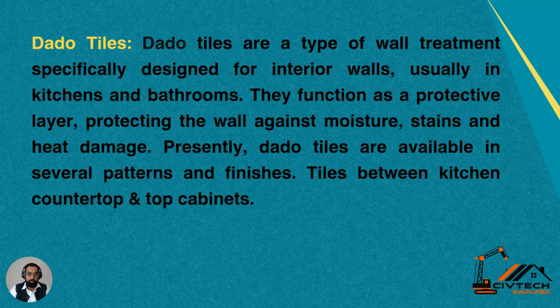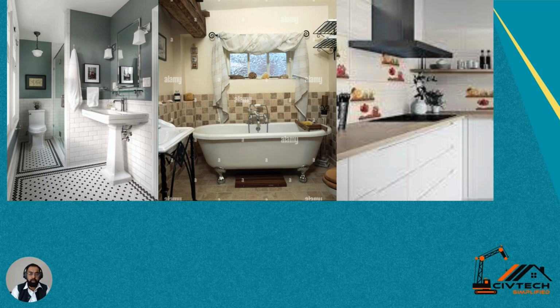You all have seen in your houses that there is normally a 2.5 feet or maybe 3 feet layer between the countertop and the top cabinets in the kitchen. That layer of tiles is called dado tiles, and it is also provided in the toilets.